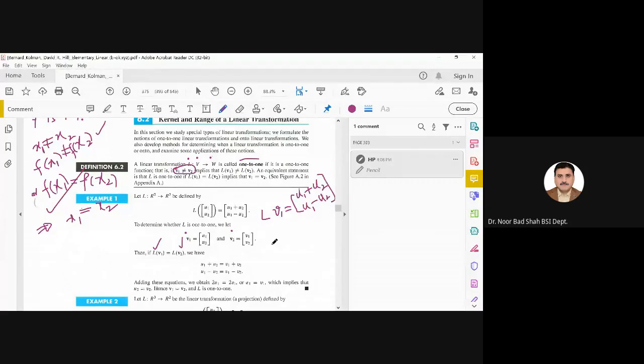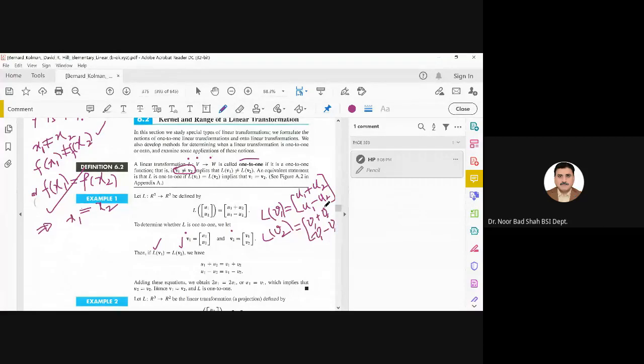And L of V2 will be, as you see, the components of V2 are new 1, new 2, whatever you call it. So it will be new 1 plus new 2 and new 1 minus new 2.